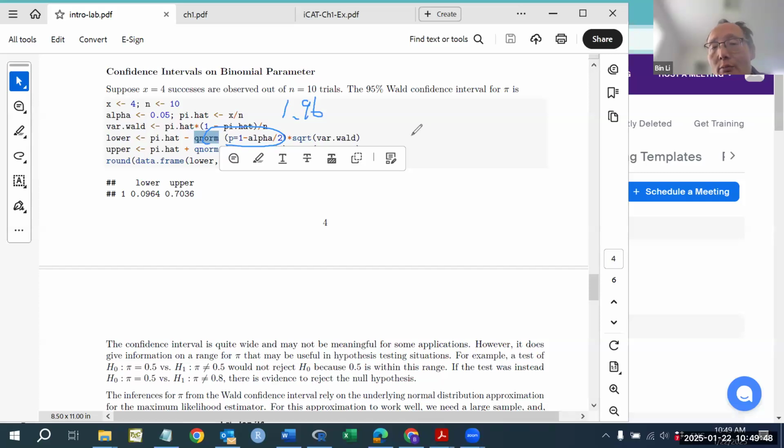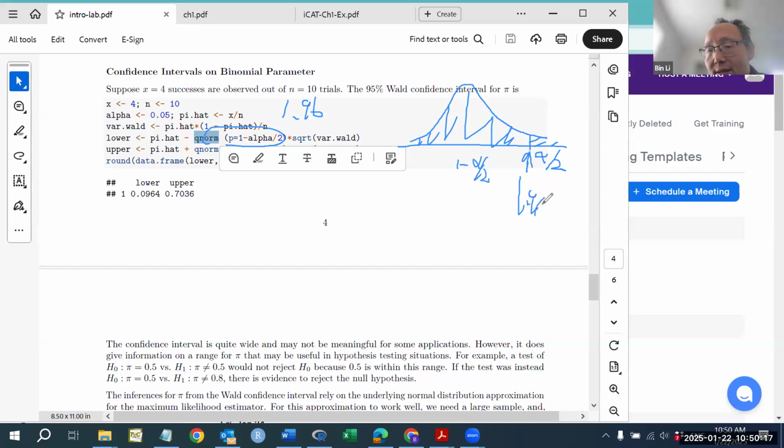The qnorm gives you the cutoff values from a standard normal distribution, with the right-hand tail alpha divided by 2 and the left-hand side 1 minus alpha divided by 2, and that will be 1.96, right?